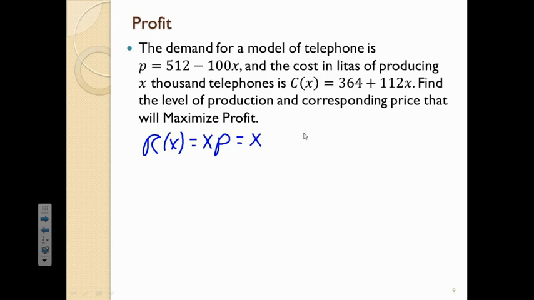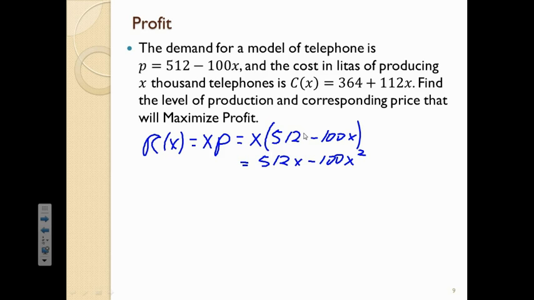So we need to memorize this one simple formula, R equals xp, and p in this case is the demand, so it's going to be 512 minus 100x. Of course, this is going to be 512x minus 100x squared.